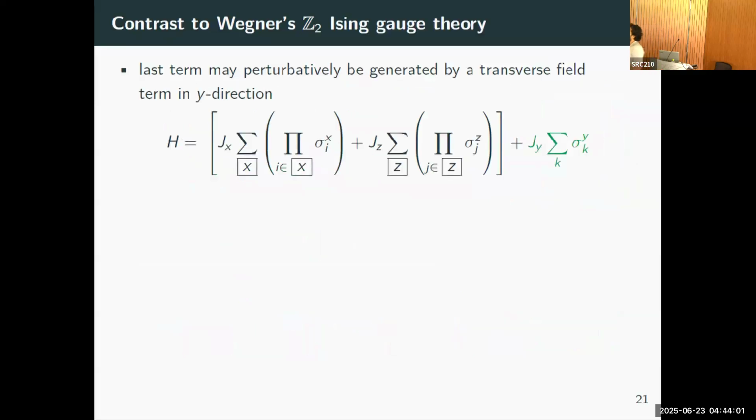Okay, so now we can actually legitimately compare it to the Z2 Ising gauge theory. And just like the argument in standard Z2 Ising gauge theory, you can generate that 4-spin conserved quantity via a perturbative calculation.